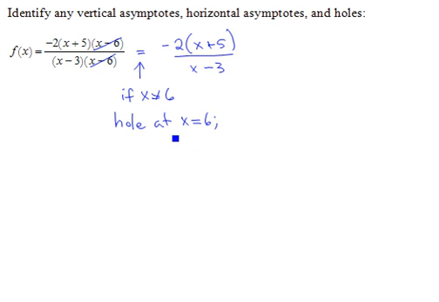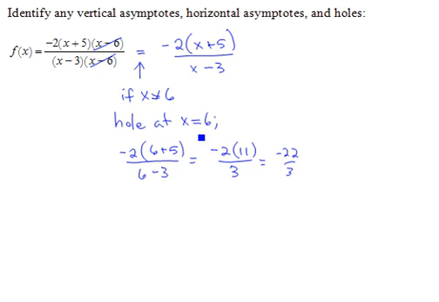And we can find the y-coordinate at x equals 6 by using the simplified expression. So if we write negative 2 times 6 plus 5 divided by 6 minus 3, that's negative 2 times 11 over 3, that's negative 22 thirds, and the y-coordinate at this hole will be negative 22 thirds.